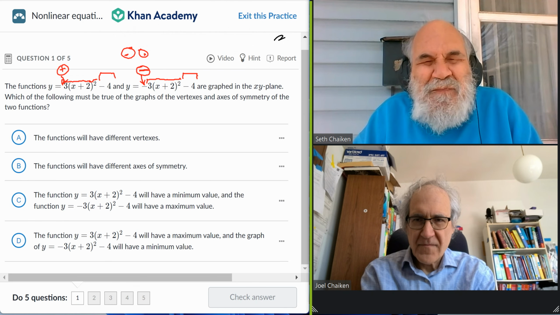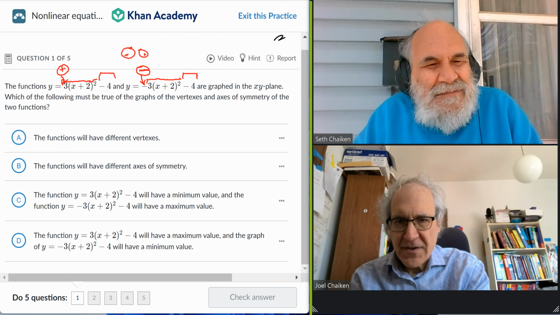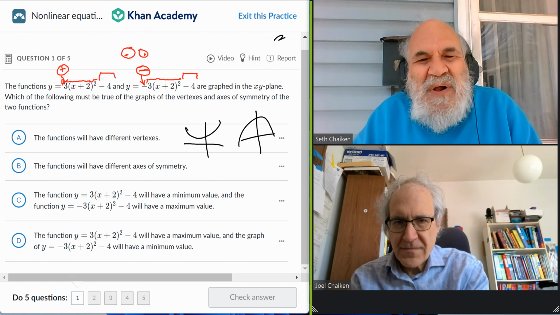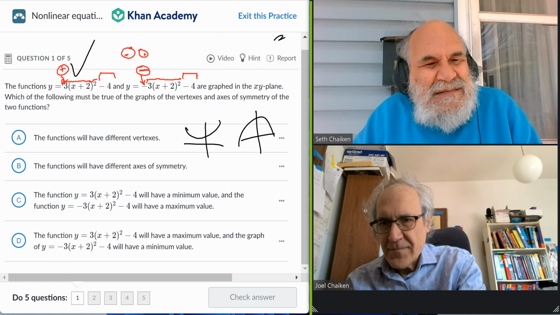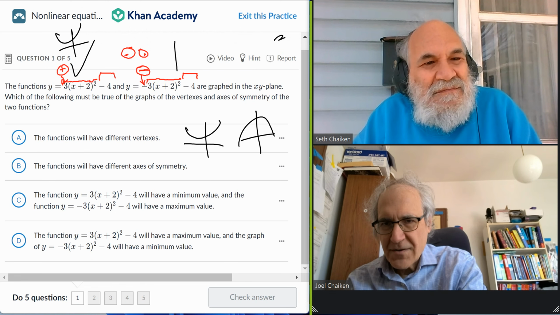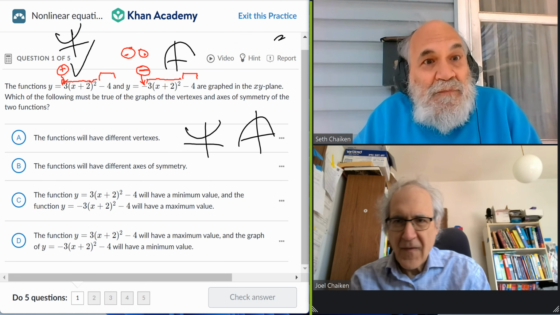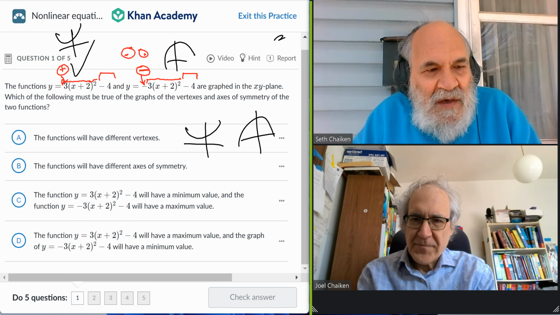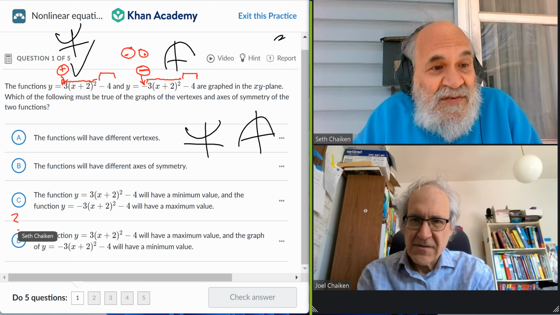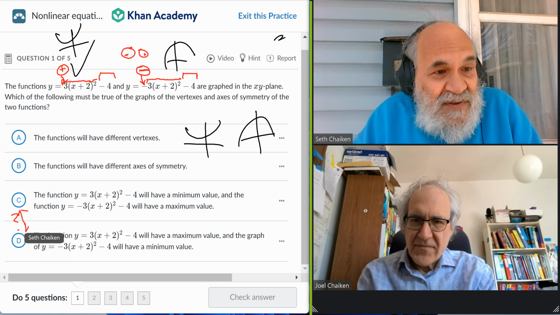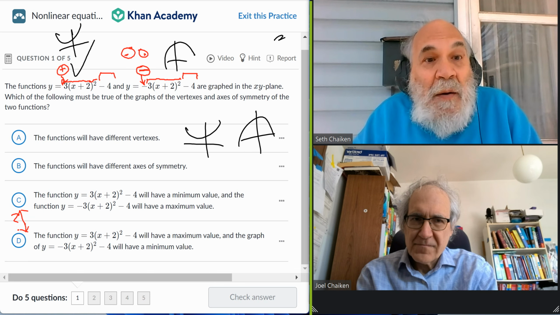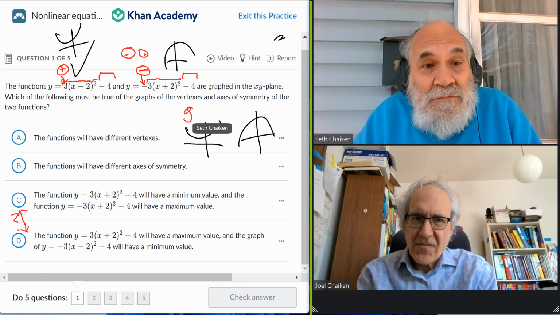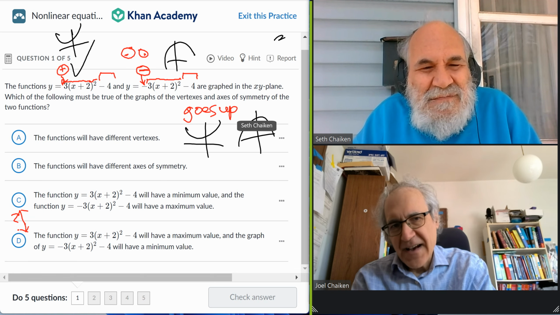So what does that tell you? It tells you one goes up and one goes down. So which one goes up and which one goes down? This one goes up, and this one goes down because it's got the negative sign. So you could use that to decide between C and D. Up has a minimum and down has a maximum.